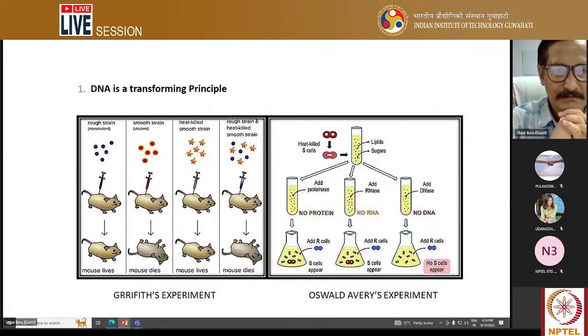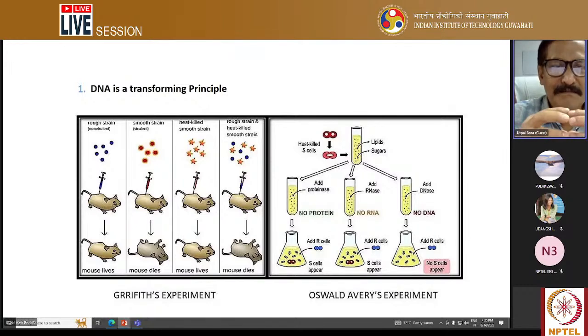Now, if we take the heat-killed smooth strain, since we have killed the smooth strain by heating, what would happen? If we inject it, the mouse will be alive. So injecting a heat-killed smooth strain and injecting a rough strain give us a similar result where the mice do not die.